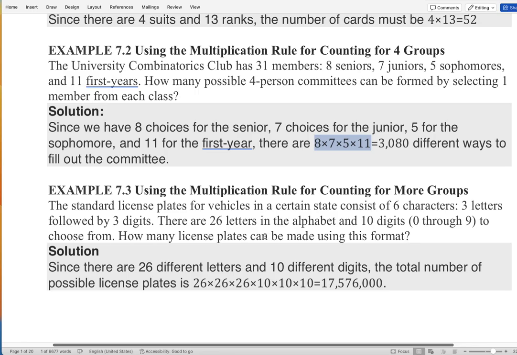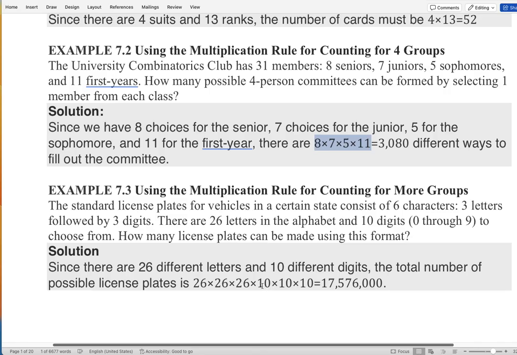So first of all, look at how the three letters can be formed. Each time you have 26 letters to choose from, and you make three choices, right? So that's 26 by 26 by 26. And then you consider the choices of digits. You're going to take three digits, and for each digit you have 10 choices.